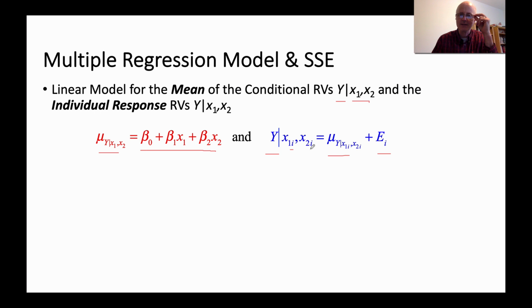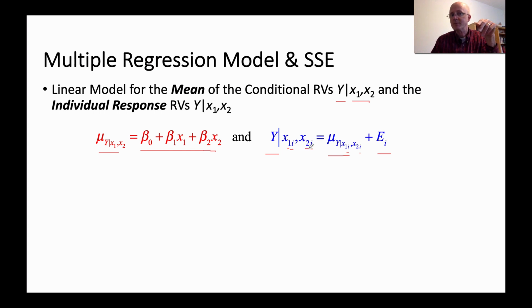I added some i's. I've got n data points, okay? When I'm thinking about this in terms of the original data, I can think of those as being data points with two coordinates if I like, x11 comma x21. The 1 here corresponds to the fact that it's the first coordinate, and the second one would correspond to the fact that it's the first data point.